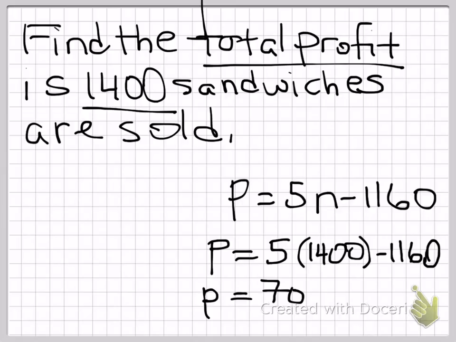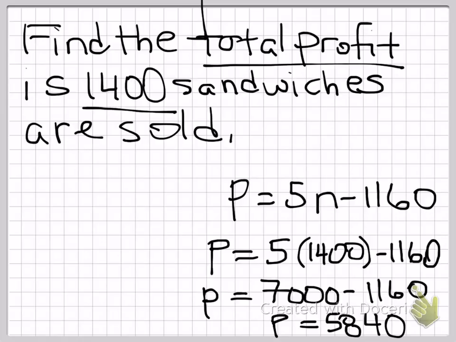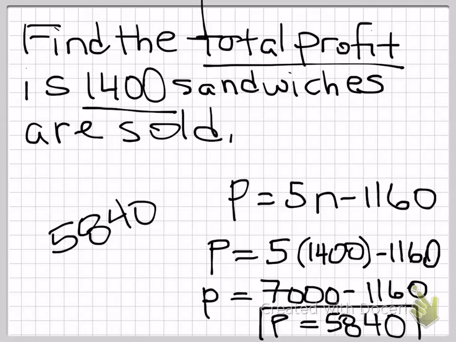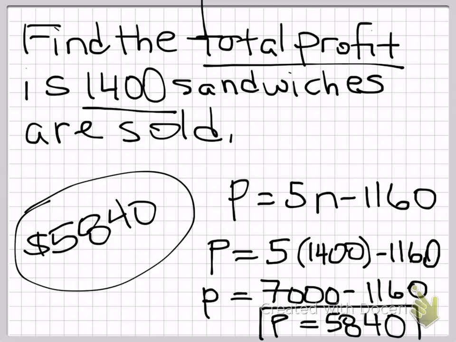So we have 7,000 minus 1160, which would give us 5840. So the profit would be $5,840. And that concludes lesson 4.1.